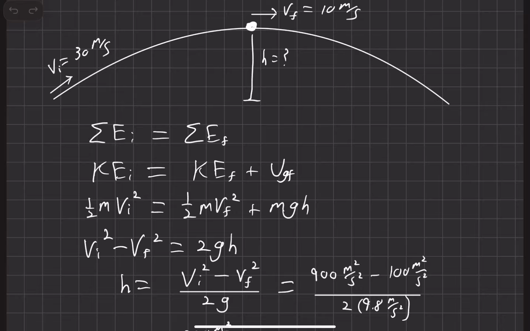Here's where I need to specify something. Previously, when we declared g for forces or for kinematics, we said it was negative 9.8 meters per second squared. For this one, there is no negative on this. This is essentially the absolute value of the gravitational acceleration constant. So we're not going to plug in a negative sign for the 9.8 meters per second squared.